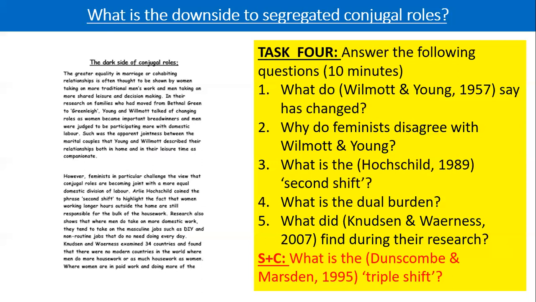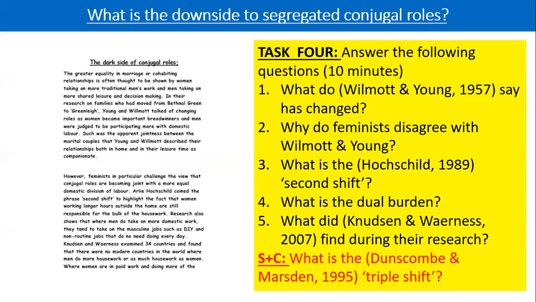And then the study, so for number 5, they found that essentially men were overstating what domestic work they were doing. Generally speaking, if they were doing any, it was seen as masculine jobs, so things like DIY, as we discussed before, and jobs that are non-routine, so things that they could jump in and out of, and not as routine and inconvenient as women's roles.